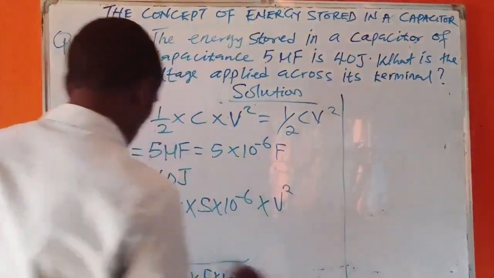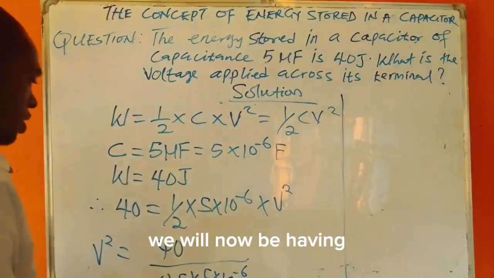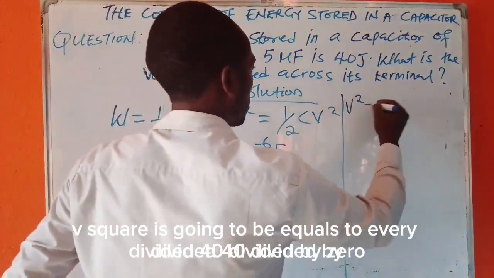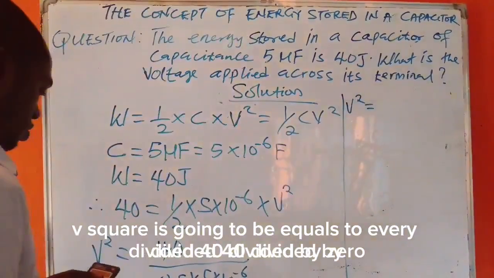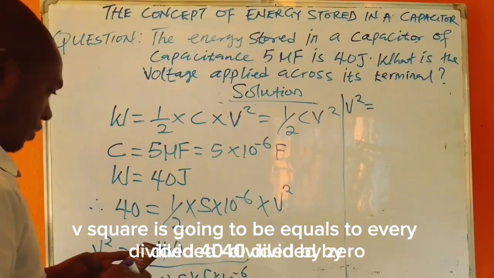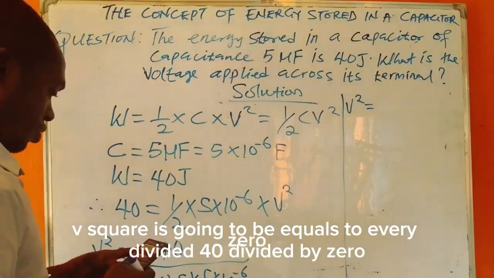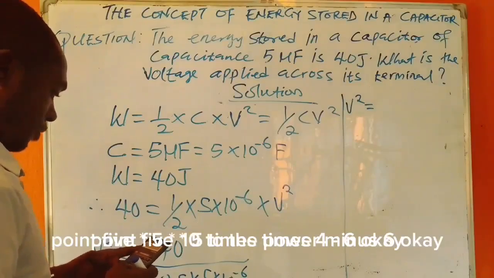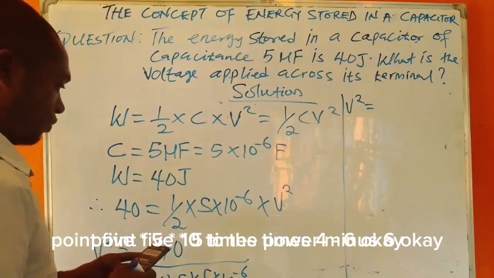So we will now be having V squared equals, if we divide it, 40 divided by 0.5 times 5 times 10 to the power minus 6.